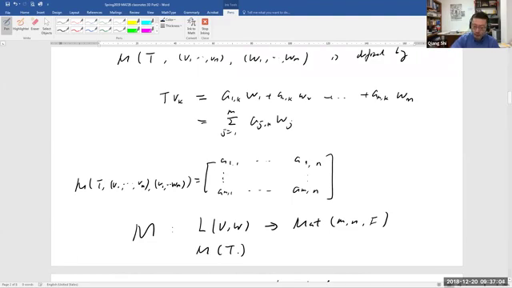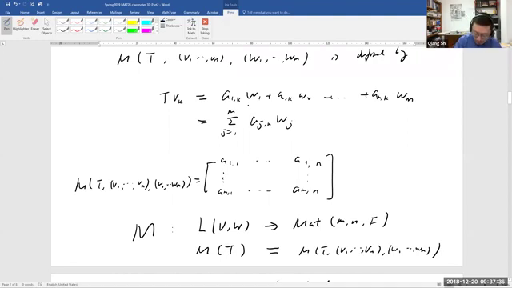That's your input, and then this capital M is a map between this L space and this Mat space. So the T is an element in L. This M will take this element to a matrix on the other side, and the entries of this matrix are defined by T(v_k).